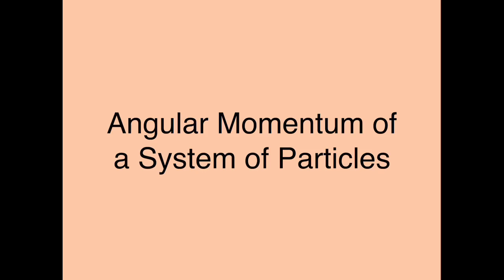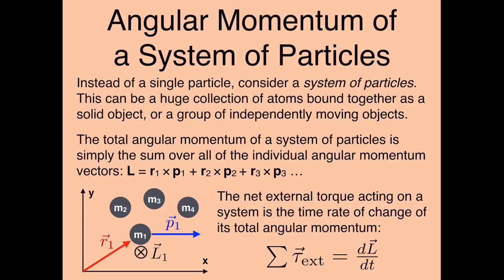All right, so strictly speaking, everything we've learned so far only applies to a single particle. So we know how to deal with the angular momentum of a single particle. The next thing we want to tackle is how do we deal with the angular momentum of a system of many different particles? So that's what's next. The basic problem is this.